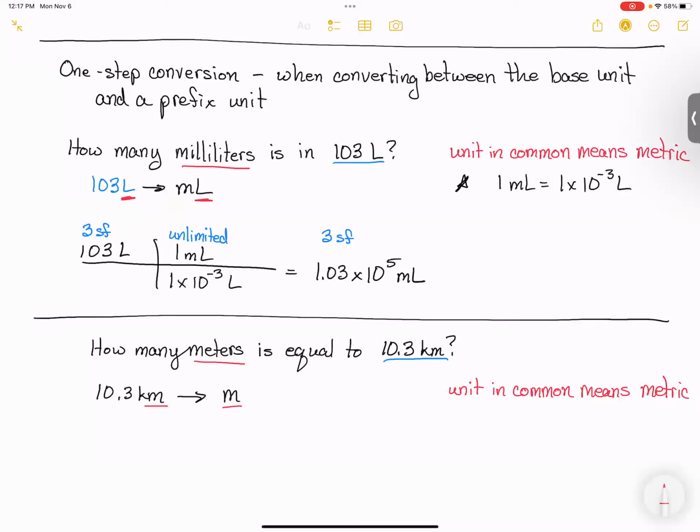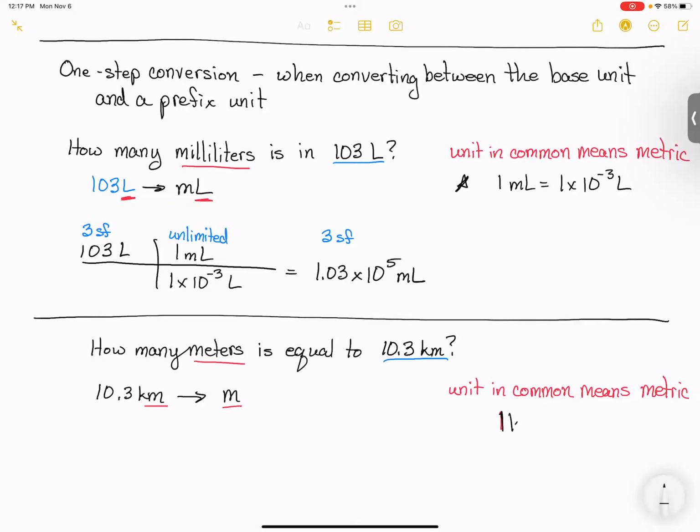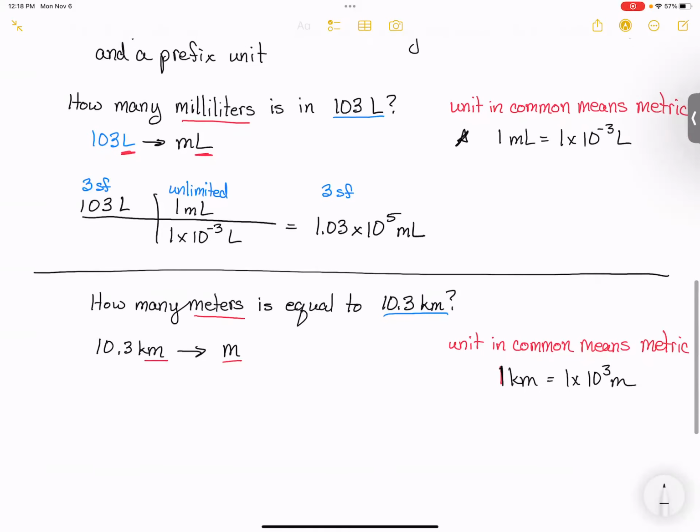If I look this up, 1 kilometer is 1 times 10 to the third meters. Starting my calculation with what I've been given, 10.3 kilometers, I'm going to place kilometers in the denominator.